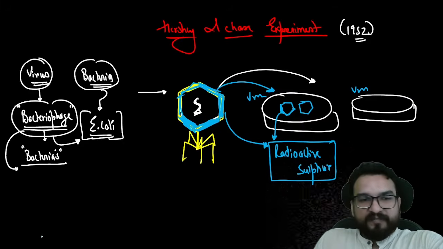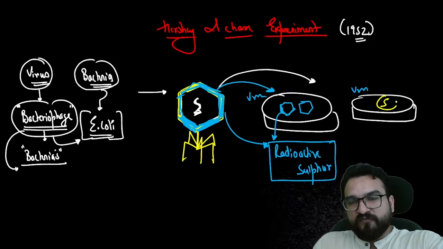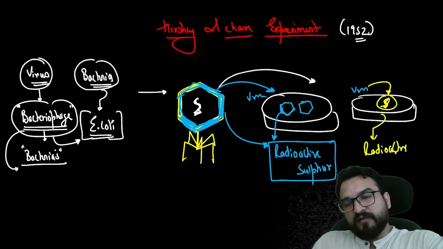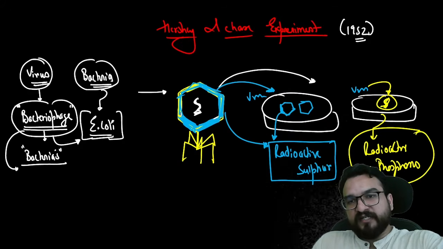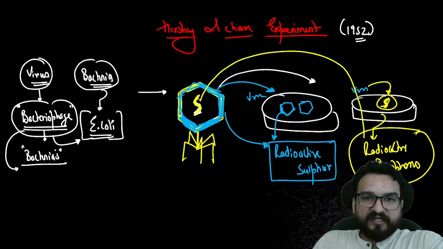In the second medium, they will be making the DNA of this virulent virus, that is the bacteriophage, radioactive by a radioactive element, that is phosphorus. So they will be mixing in this radioactive phosphorus and making this DNA radioactive in nature.